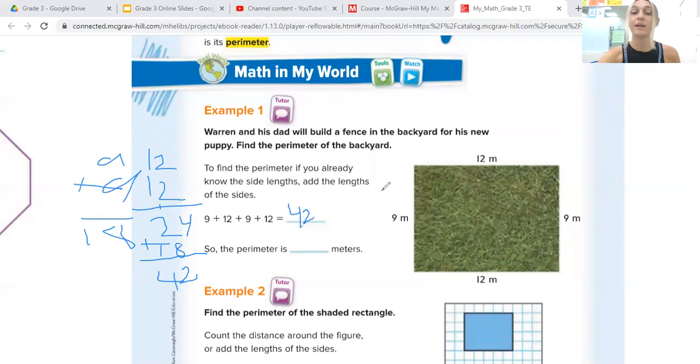Now, when we're talking about length, we always have a label. It's whatever label was used in the beginning. It's not always going to be meters, but it's going to be some measure of length. So 42 m. So the perimeter is 42 meters. So we just add all the side lengths.